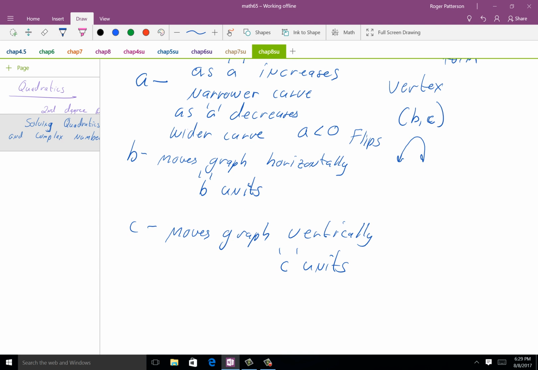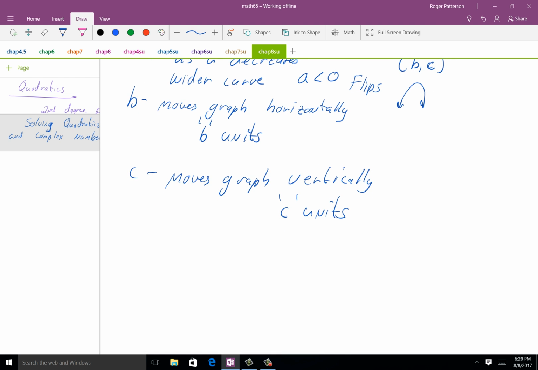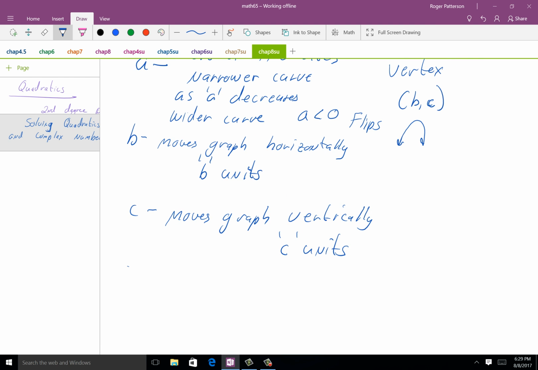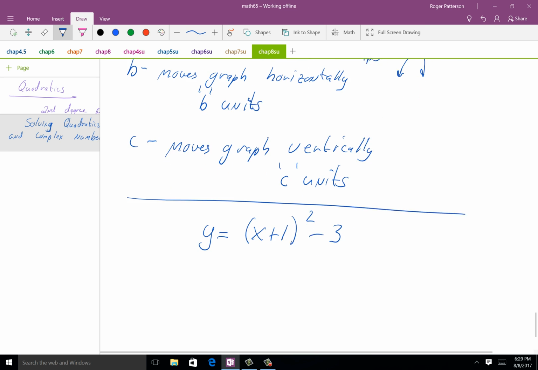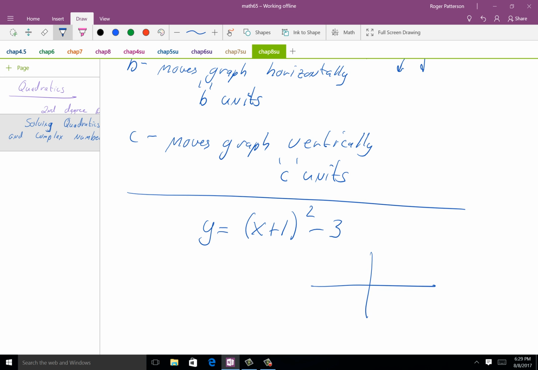Vertex form is the best way to describe or work with the graph of a parabola, okay? Because you can write the equation of or from the graph of one of these guys. Let's say I gave you an equation of parentheses x plus 1 squared minus 3. You can graph that without even using Desmos because you know the important things about this parabola.